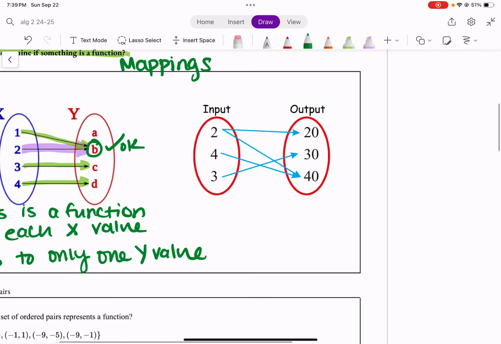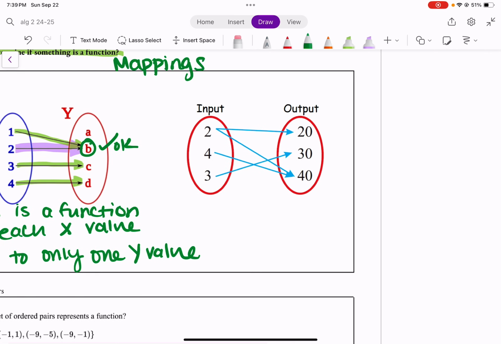Now, if we look at this second example, right? If we start from the bottom, the 3 maps to 30. The 4 maps to 40. But then the 2, it can map to either 20 or 40. This is a problem, right? So the 2 is the problem because it's mapping to multiple places.